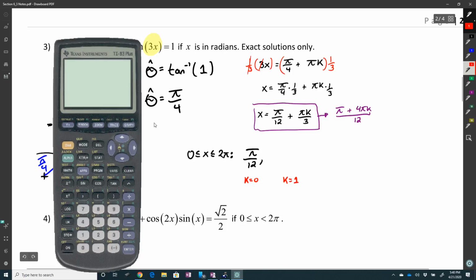If k is 1, I have 1/12 plus 1/3. That's 5/12. So we get 5 pi over 12.